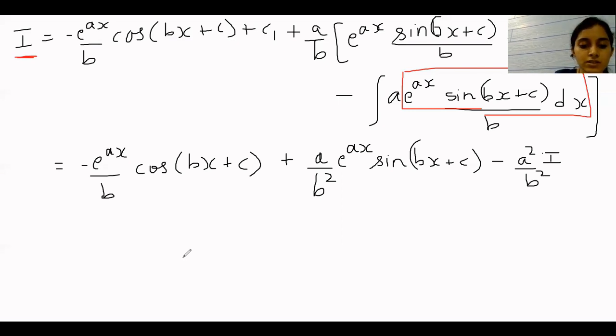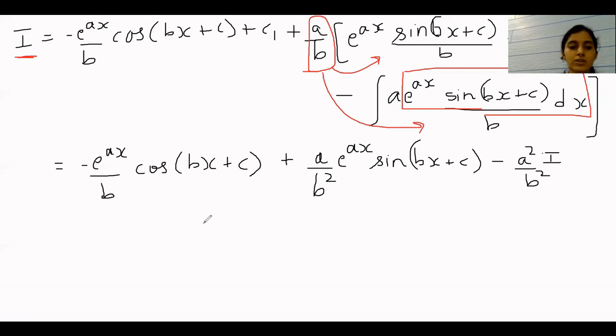If you observe this a upon b here, it gets multiplied to each of the terms in the square bracket. That is why we get a square upon b square.